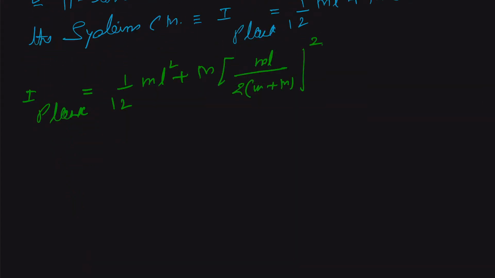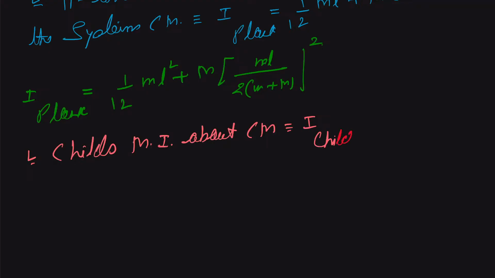So we can say that the child's moment of inertia about the center of mass will be equal to, let us suppose I child, its mass times YCM square, MR square.